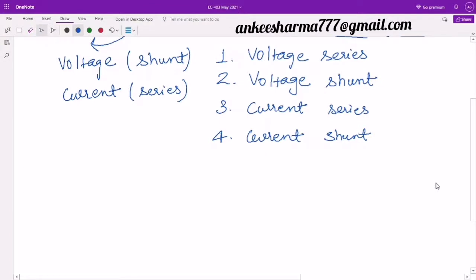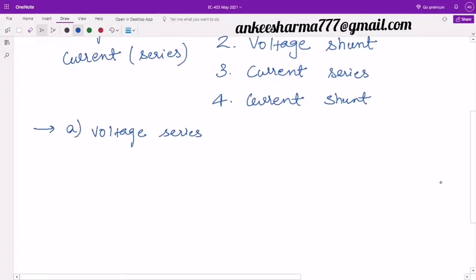If I give you a block diagram of these four, they can be represented as follows. Taking the first one, voltage series, for better understanding I will take a block for an op-amp. This is my operational amplifier. It will have two inputs, and I'm going to take two outputs.